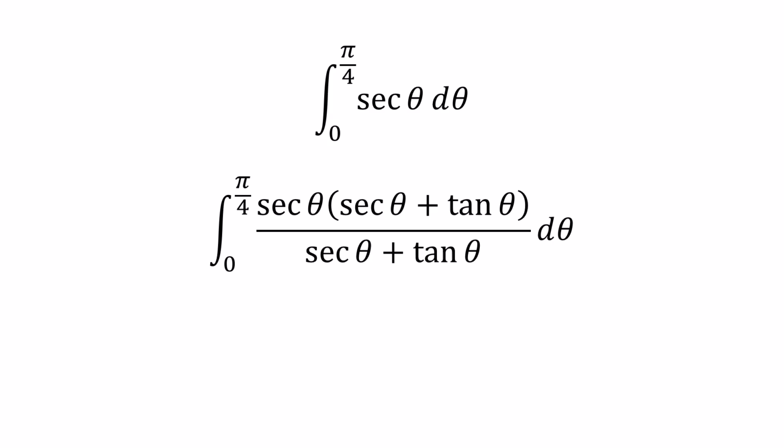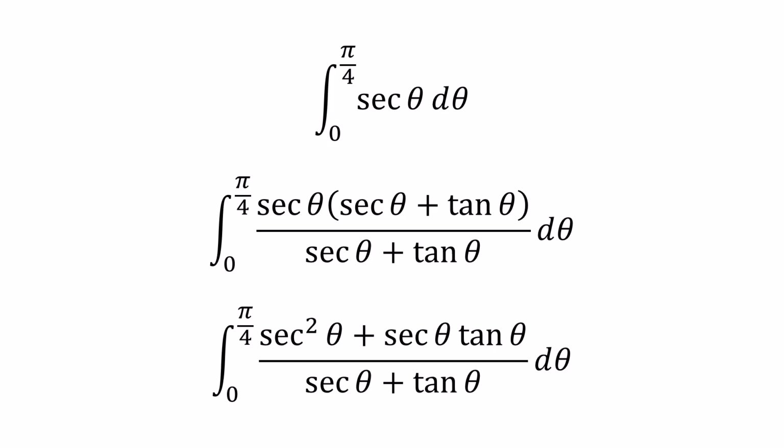Distributing the secant then gives the integral from 0 to pi over 4 of secant squared of theta plus secant of theta tangent of theta, all over secant of theta plus tangent of theta d theta.